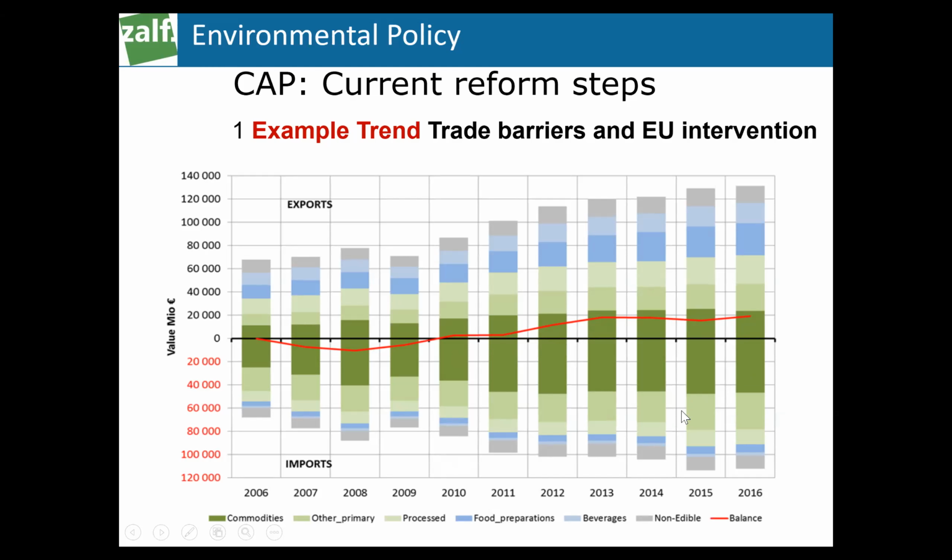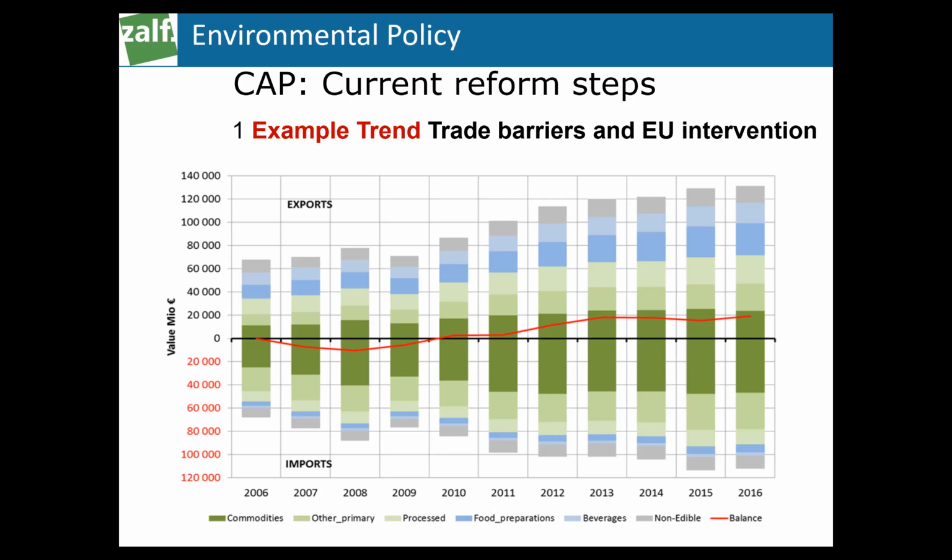We have a higher trade as a general trend, but we have the import situation. In general, more is imported than exported to the EU system. That means this is a red line here. You see, there is a change from the complete export towards a higher import compared to exports. This is a negative or the positive balance, no?